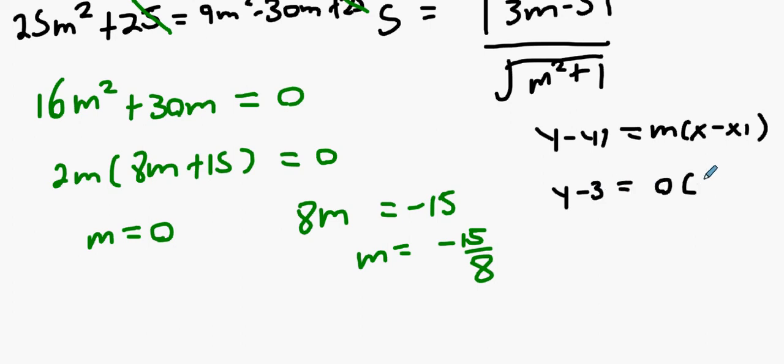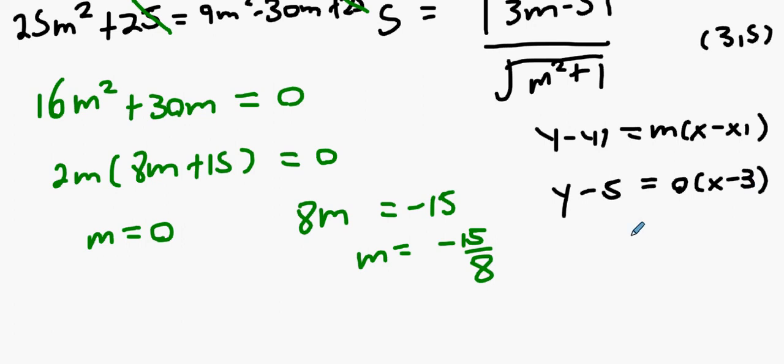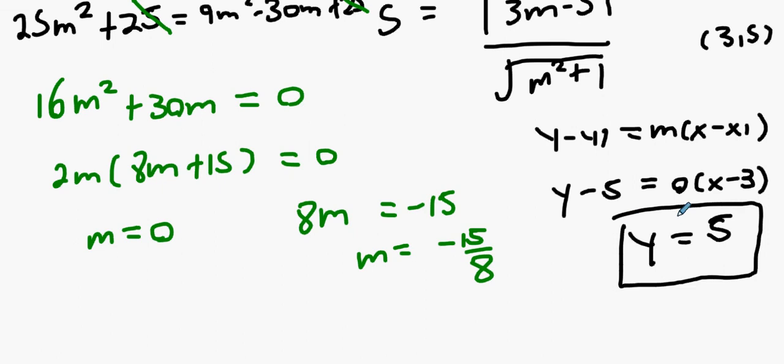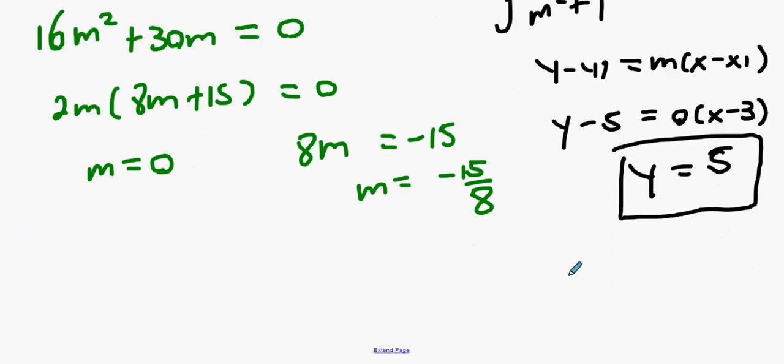Oh sorry, 3, 5. y minus 5 equals 0 into x minus 3. The first answer is y equals 5. The second answer is going to be y minus 5 equals minus 15 over 8 times x minus 3.